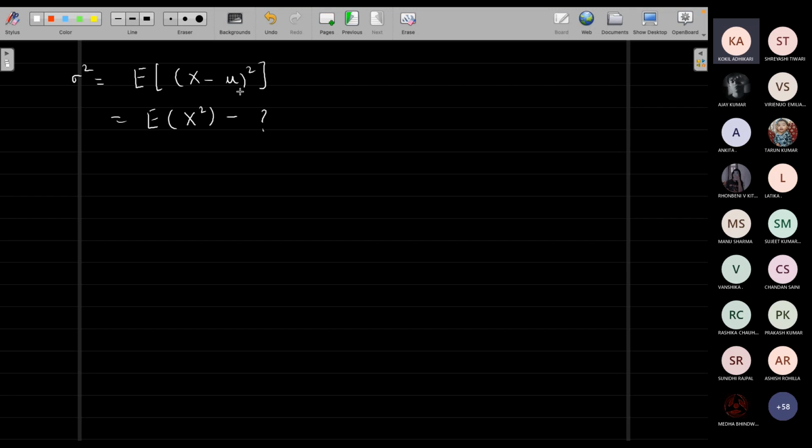So instead of finding x minus mu square and then taking the expectation, one finds the expectation of x square minus something. And how will you do it? Basically just expand this. So expand your bracket: x square plus mu square minus 2 mu x.